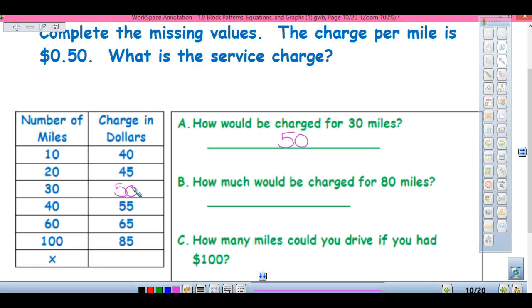Does my table not make sense? Oh, yeah. Oh, because these are going up by 5. So 50 would be 60, right? 70 would be 70. 80 would be 75. Yeah, so 80 would be 75.